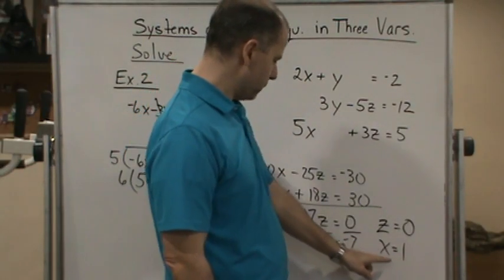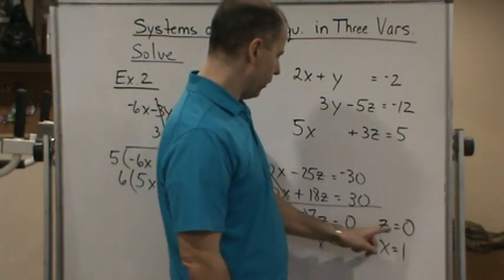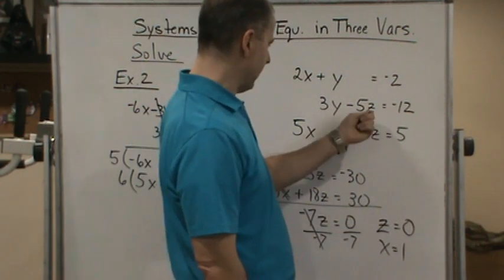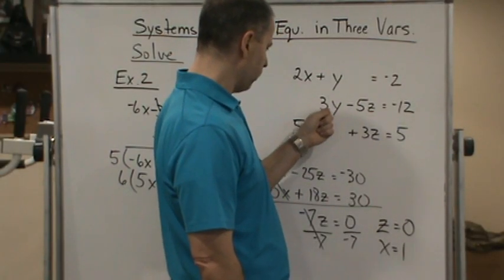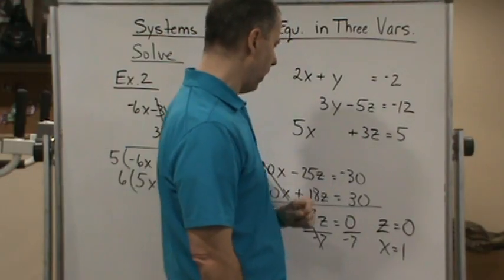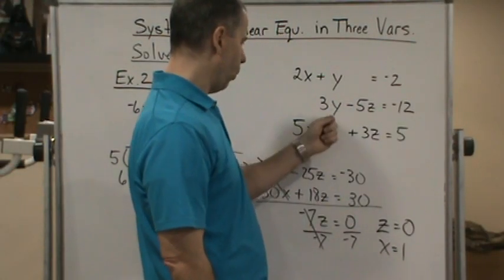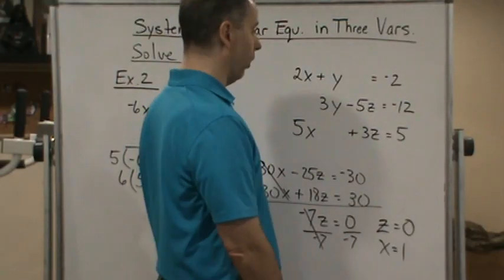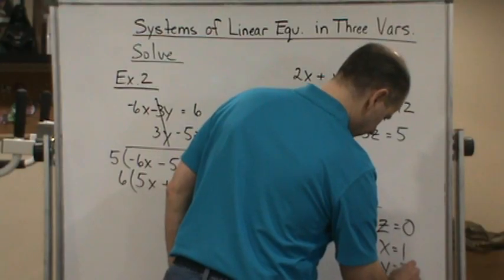So if we use z is 0, that's going to be an easy one. If z is 0, then what do we get? We get 3y equals negative 12. And if we divide both sides by 3, we get y equals negative 4. Okay? So y equals negative 4.